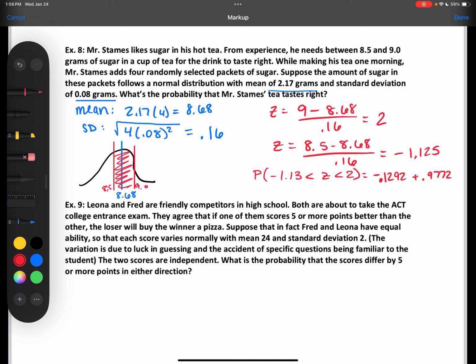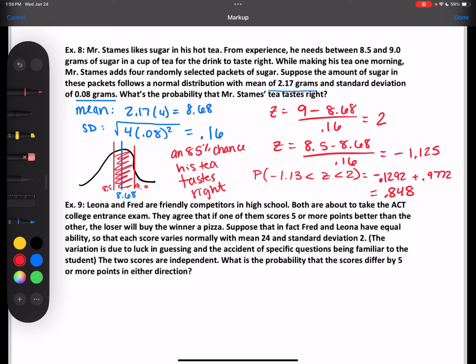So I'm going to subtract that off and add this, so take this one minus this one, and what do you get? So according to that, there is an 85% chance his tea tastes right.